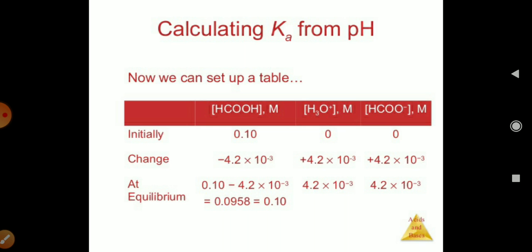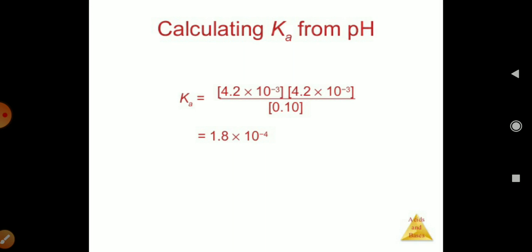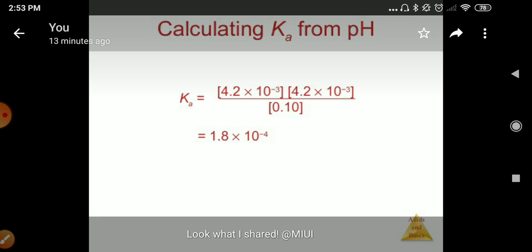After some time the changes are minus 4.2 into 10 to the power minus 3, plus 4.2 into 10 to the power minus 3, and plus 4.2 into 10 to the power minus 3. At equilibrium the concentrations change, and you can put the values here and you will get the dissociation constant. It is 1.8 into 10 to the power minus 4. Thank you very much.